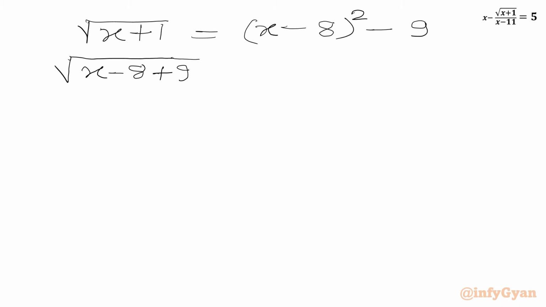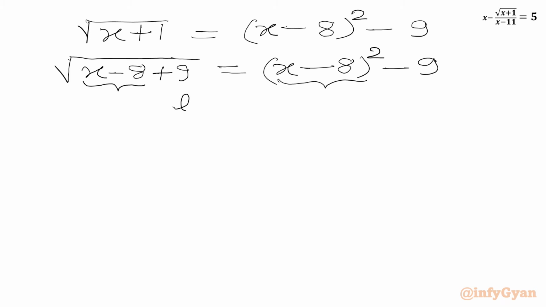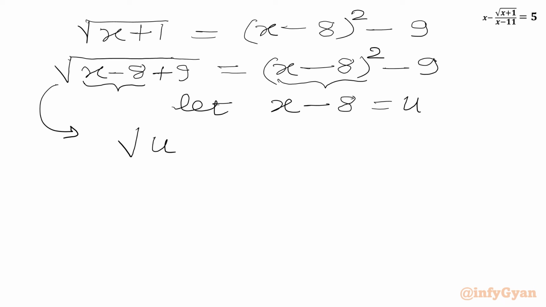Minus 8 plus 9 is plus 1, equal to (x minus 8) whole square minus 9. Now we have x minus 8, x minus 8, so let us assume x minus 8 equal to u. So I can write our equation in variable u: square root of (u plus 9) in the LHS, and in the RHS u square minus 9.